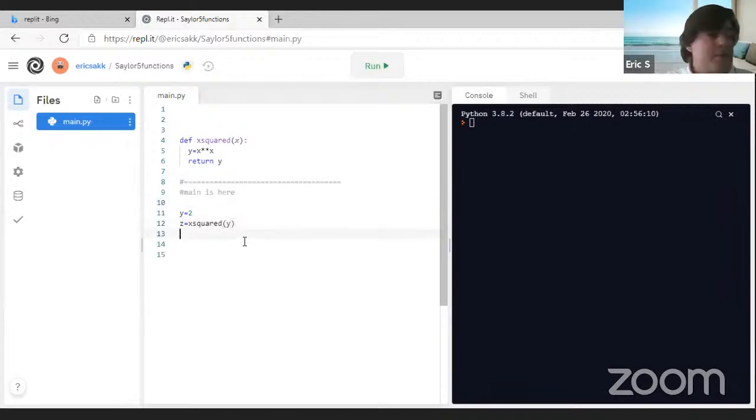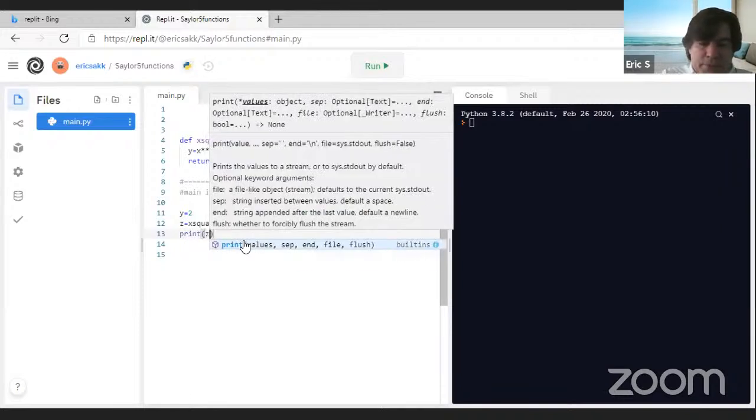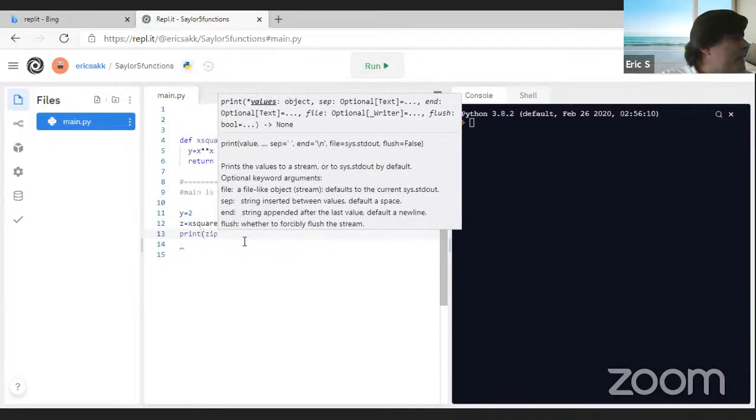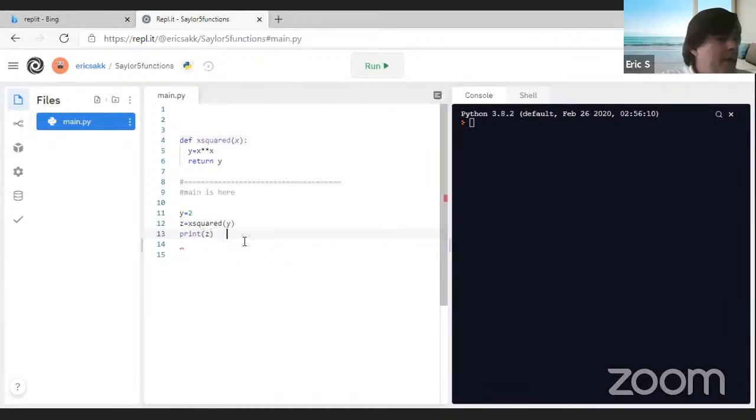That's why you have the definition line. That's why everything is being defined outside of main in some sense. Main is just running this set of instructions, and I could go ahead and print z at this point after it runs, and you would expect that after you square the number, you'd see a 4 on the screen.